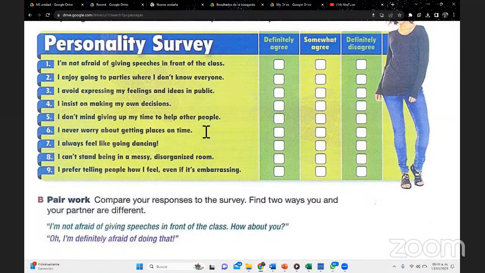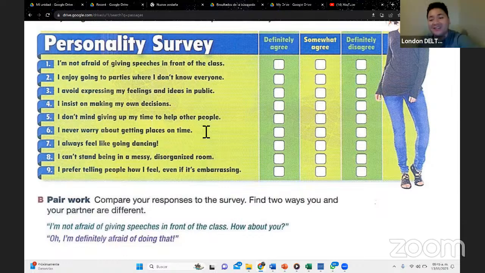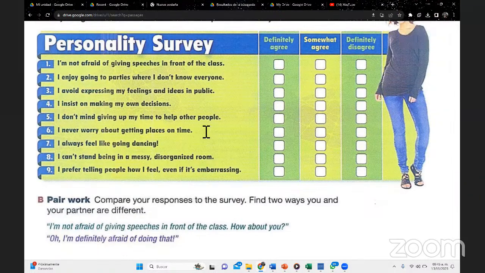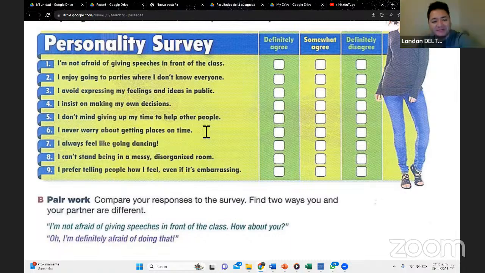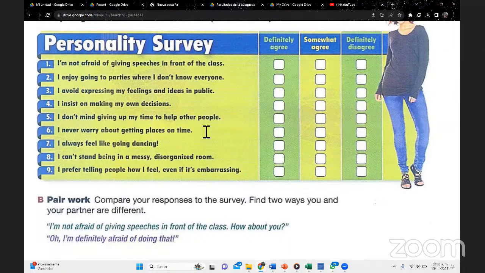For me, it's definitely a yes. I dance in the gym, in the supermarket, all the time. What kind of music do you like to dance? Latino music. Okay. I dance Latino, folklore.